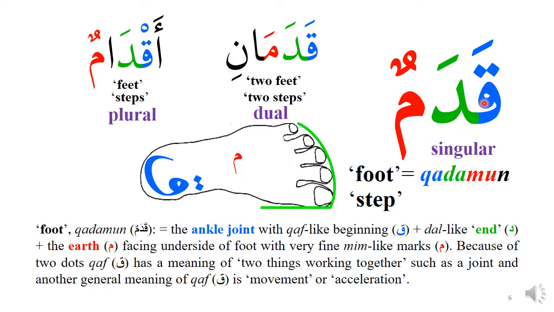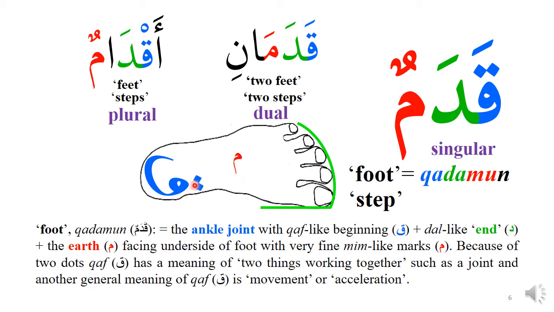But in addition to that, Qof means movement in general, we know this Qof movement, and then Dal, daf'a on the earth, you push the earth and then you can move. Also in here you notice the Qof is on this side, and then there is the ankle joint.